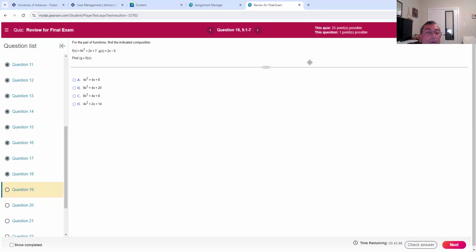All right, y'all, so let me go and write this one down. So f of x equals 4x squared plus 2x plus 7. G of x equals 2x minus 6. They want me to find G compose f of x. All righty, so let's work this one.